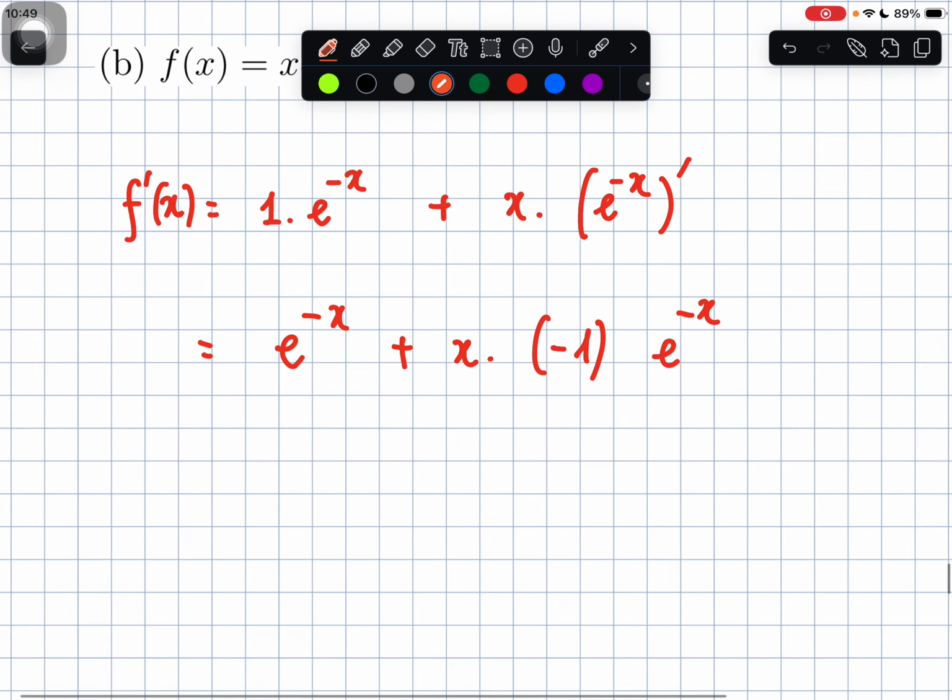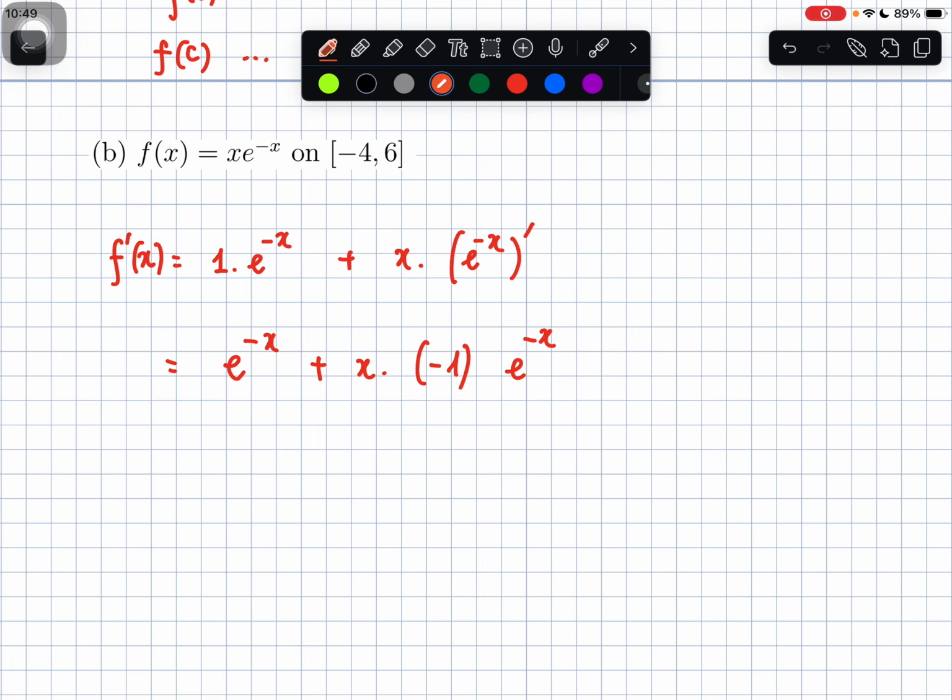Here I use the rule that the derivative of e to the u is u prime times e to the u, where u can be thought of as minus x. Now I can group e to the minus x outside, and inside I have 1 minus x.